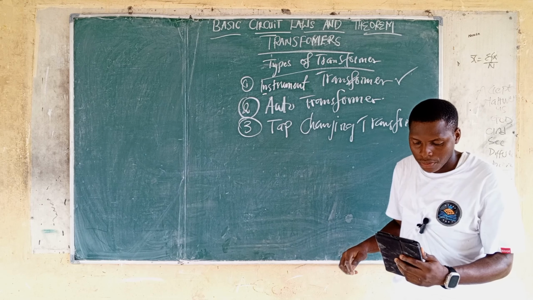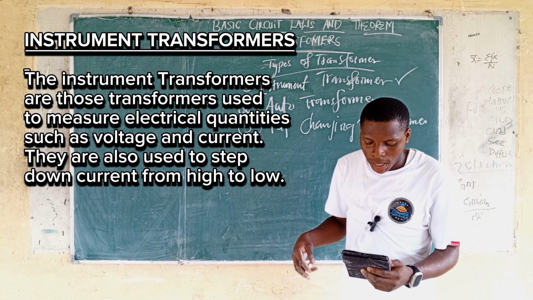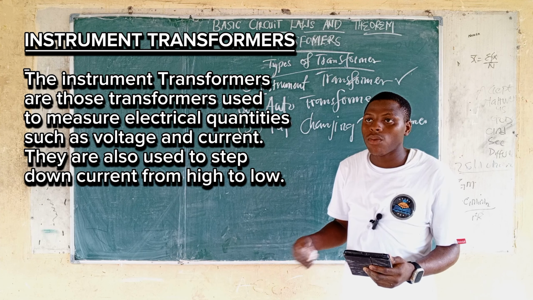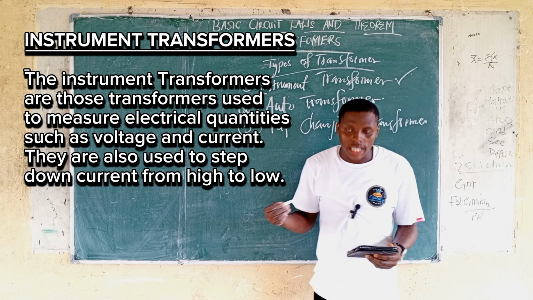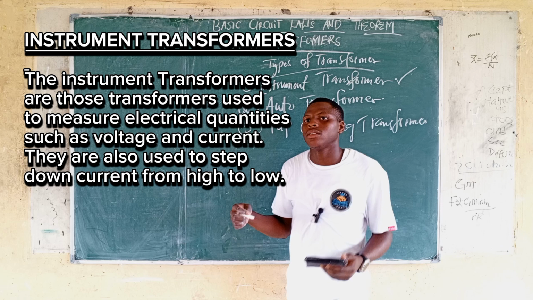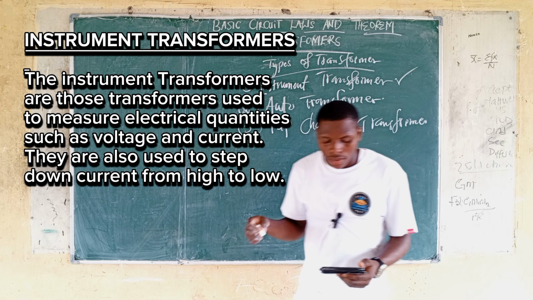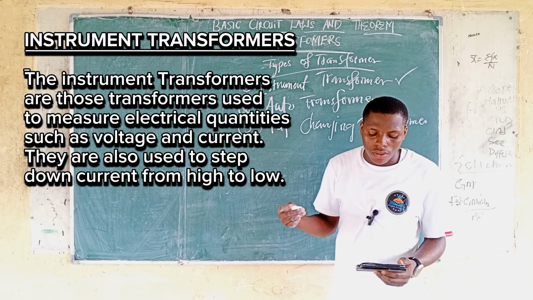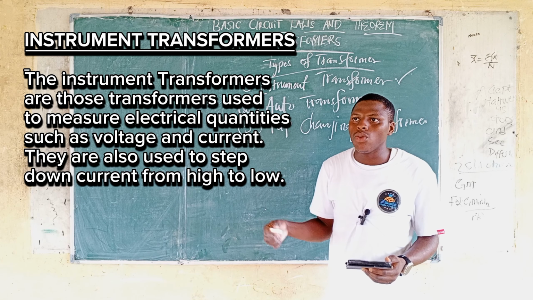Now take this down. The instrument transformers are those transformers used to measure electrical quantities such as voltage and current. They are also used to step down current from high to low.